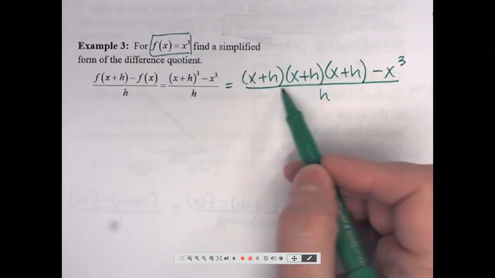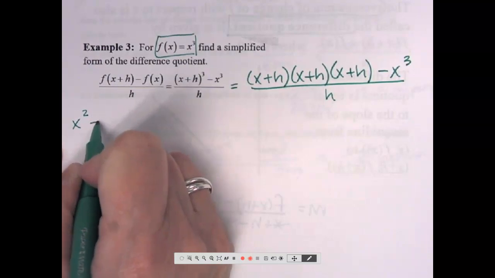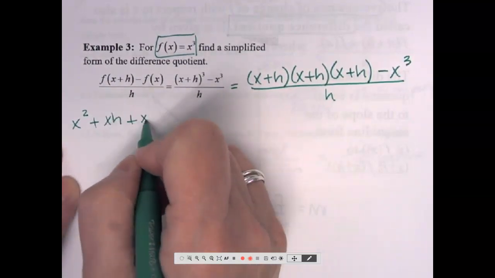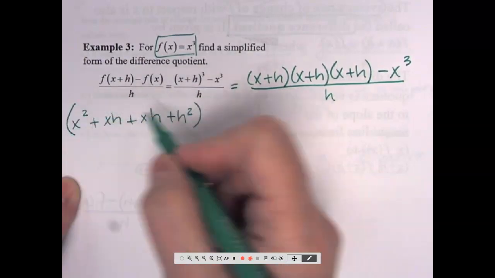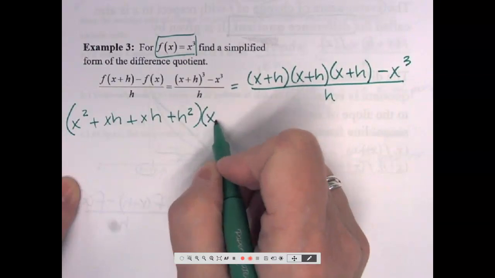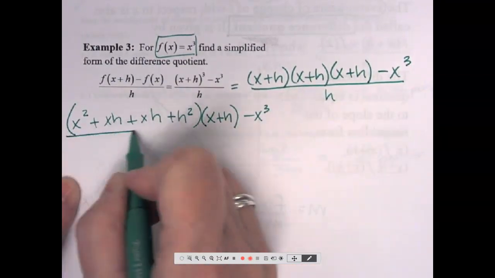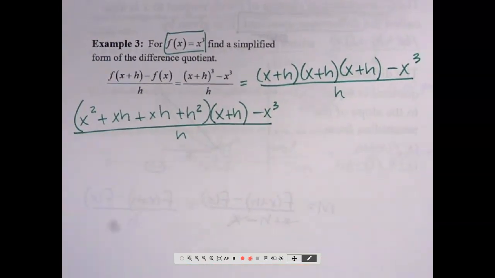So let's distribute the first 2. I get x squared plus xh, or hx, doesn't matter how you write that, plus h squared. Then I have a third one to multiply by. Everybody okay with that?